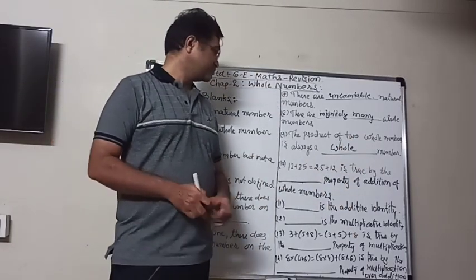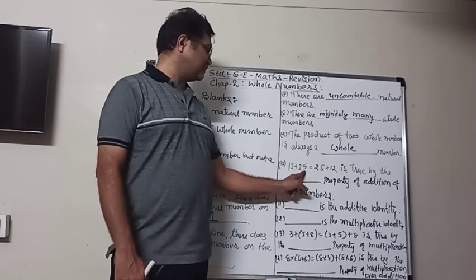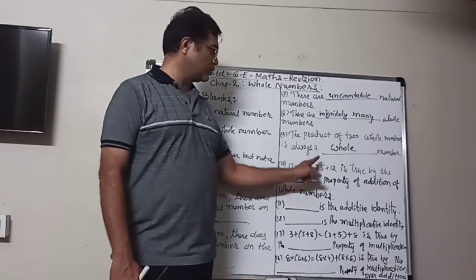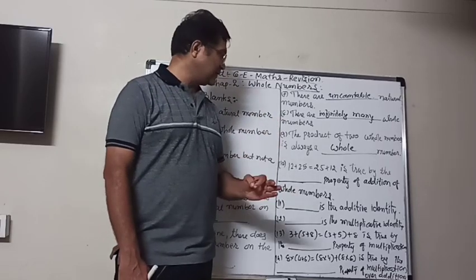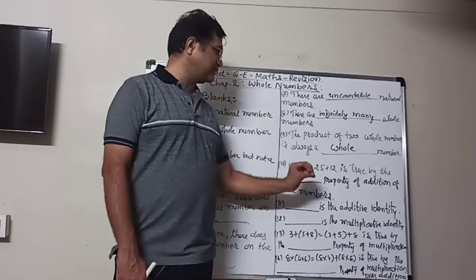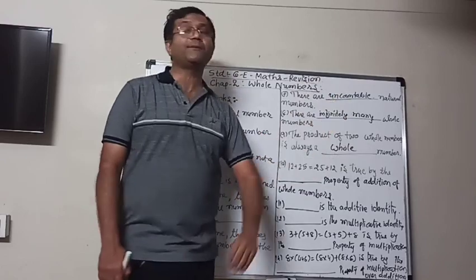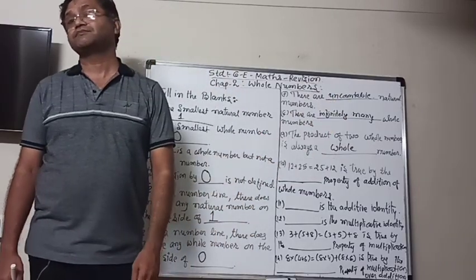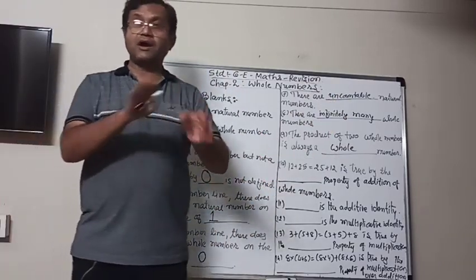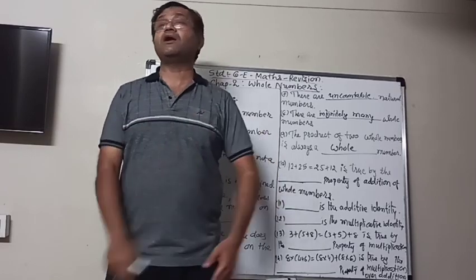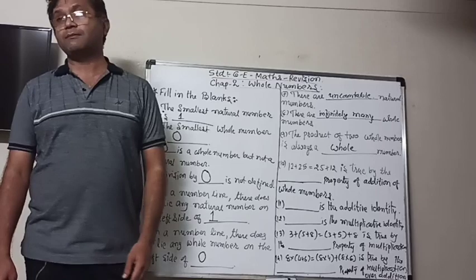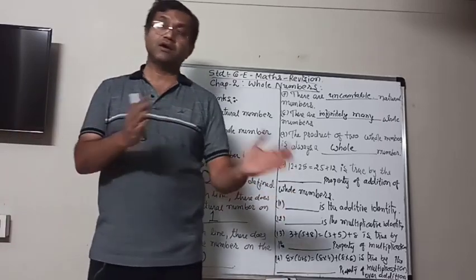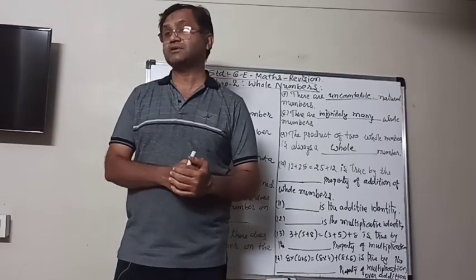Then next, 12 plus 25 is equal to 25 plus 12 is true by the dash property of addition of whole numbers. Here the order is not important. When we add two whole numbers, their order is not important.